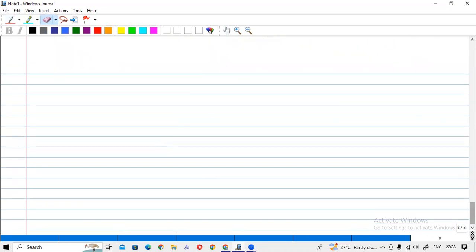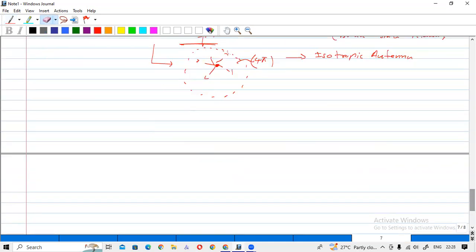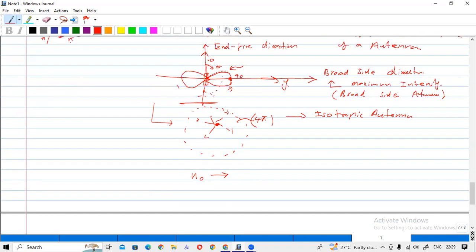And another thing is, we have also defined another parameter called U naught. So you see that this infinitesimal antenna is not radiating uniformly.